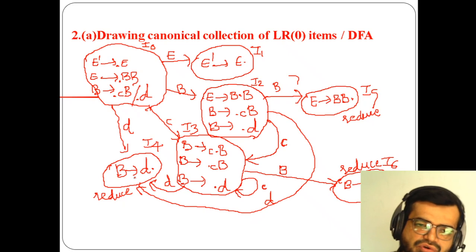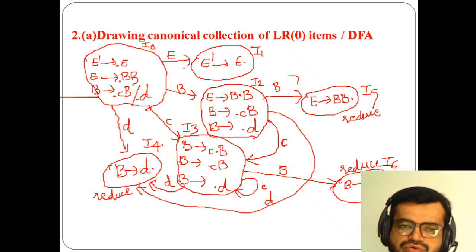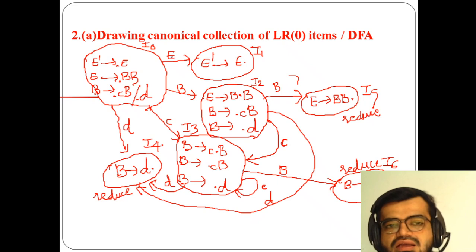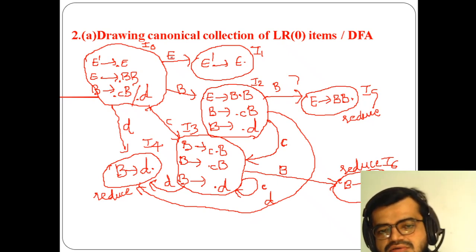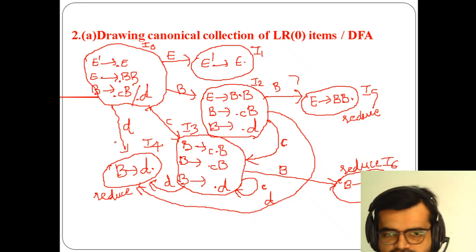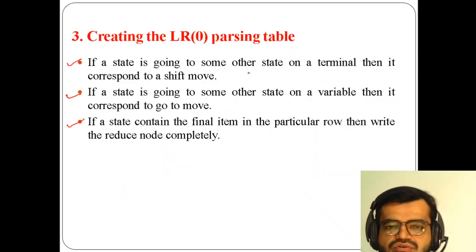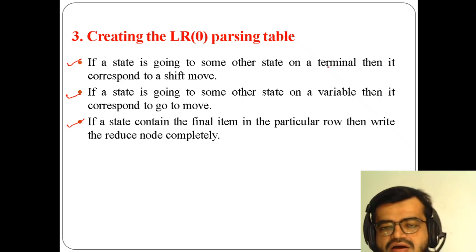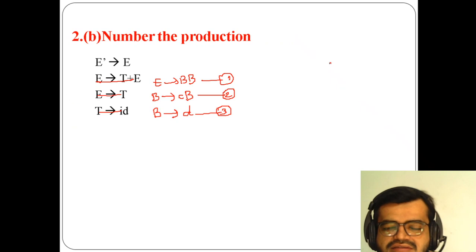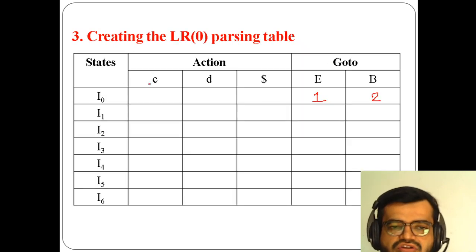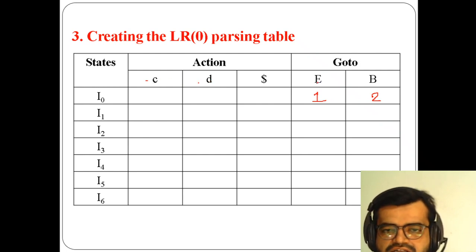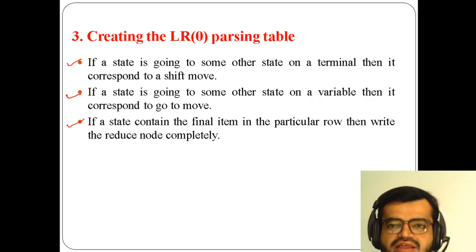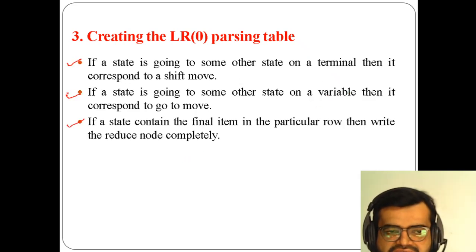For I1 and I2 it is using non-terminals, and for the others it is using terminals, C and D. C is a terminal, D is a terminal, and the non-terminals are E and B. So what is the second step?